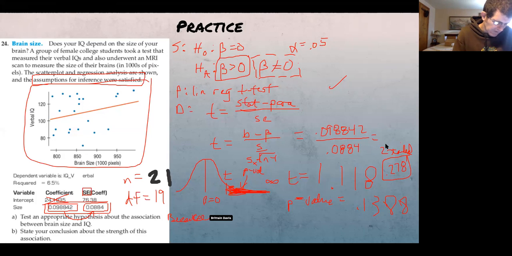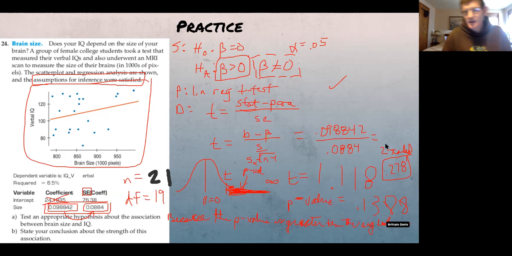So I could write something to the effect that the p-value is greater than the significance level. I can't really write today. And I'd put in the numbers.